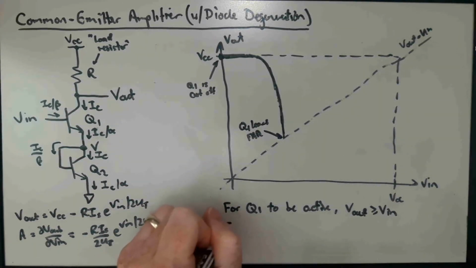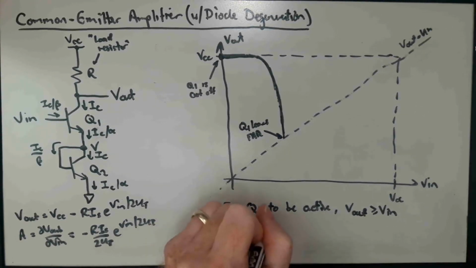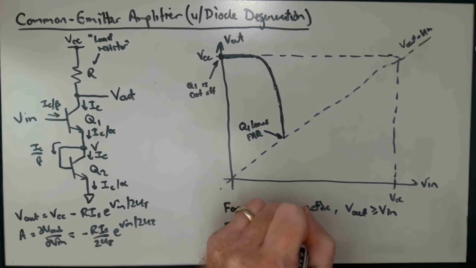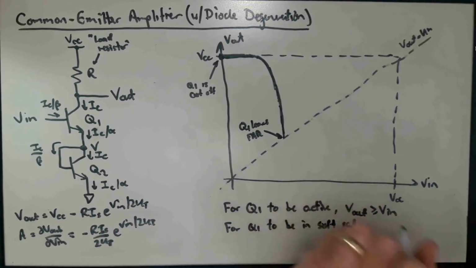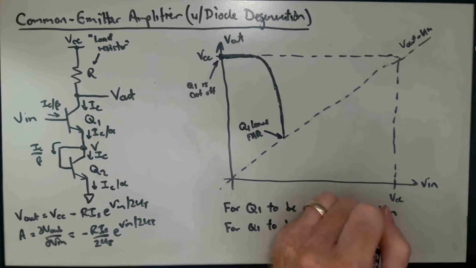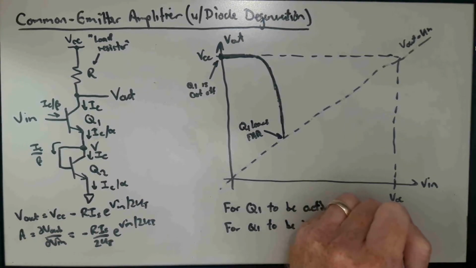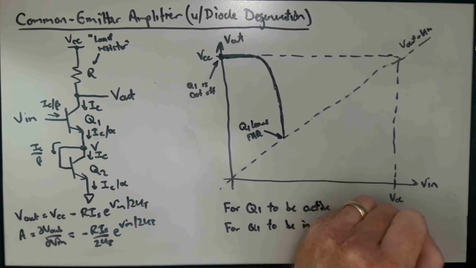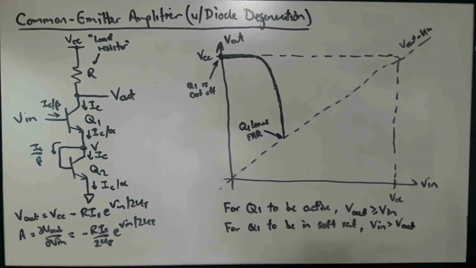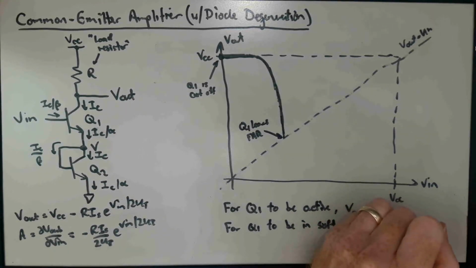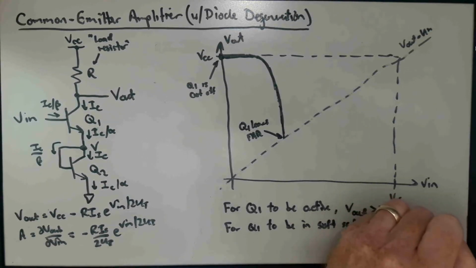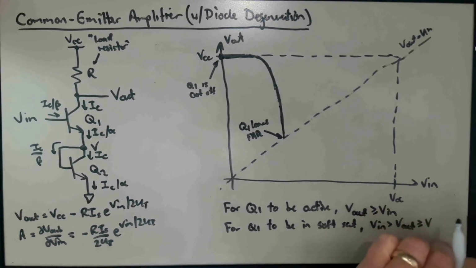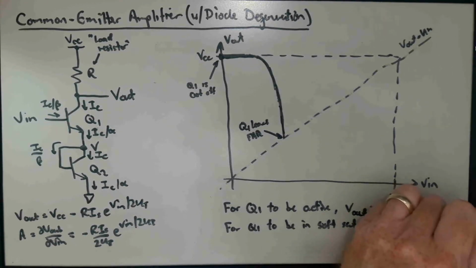So for Q1 to be in soft saturation, we need that the collector, Vn will be less than Vout, so Vout is below Vn, and greater than or equal to VE, which is, in this case, we've called it just V, plus VCE sat.